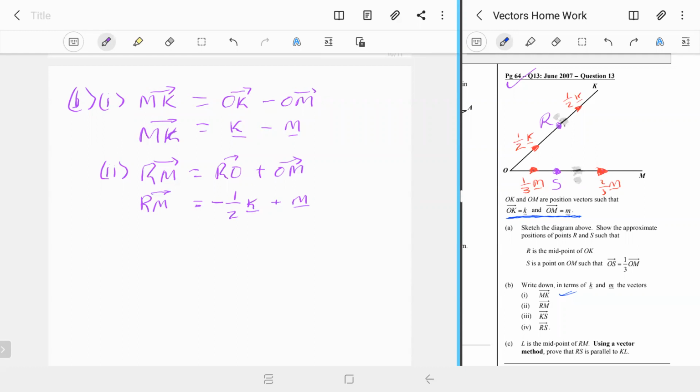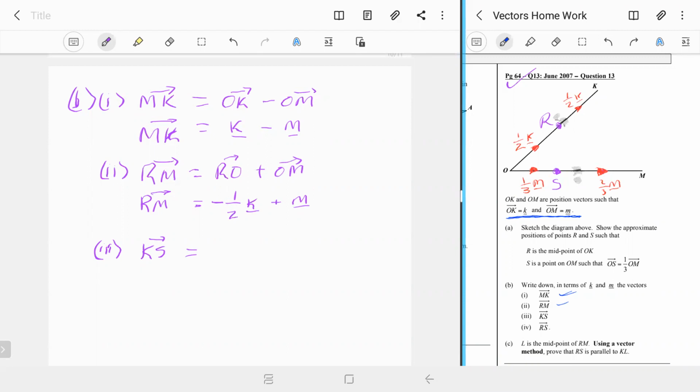Next one we want is KS, part 3. Very easy topic. Look at the diagram again. How do you go from K to S? Where do you go first?